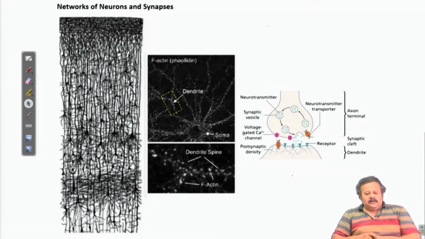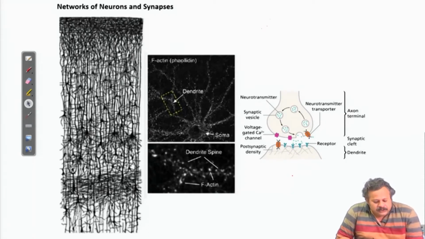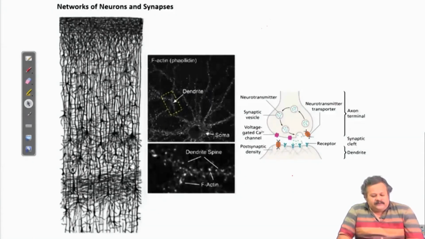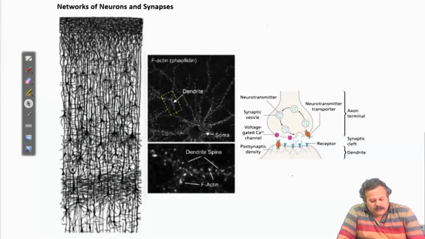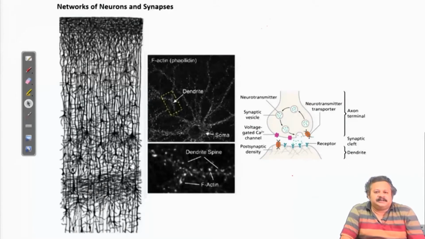deeper understanding of what we call the dendritic spines, or the synapse with the presynaptic terminal and the postsynaptic terminal. As you can see on the left, there is an entire jungle of neurons with dendrites and axons shown here, and there are multiple locations at which synapses can be forming.